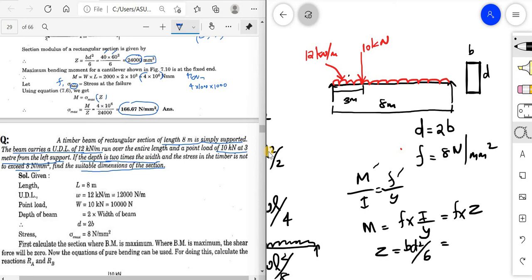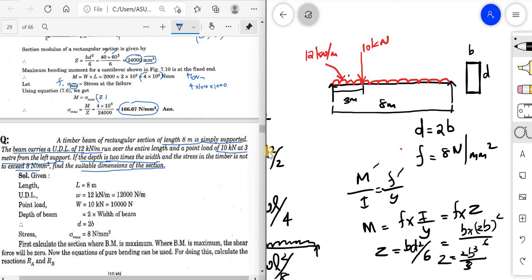So I am substituting B into 2B the whole square divided by 6. So Z can be written as B cube by 4 by 3, that will be 2 by 3 B cube. So this will be my Z. Now if I substitute this value in this equation, I can find out B.